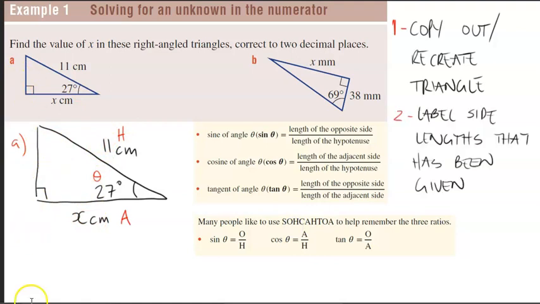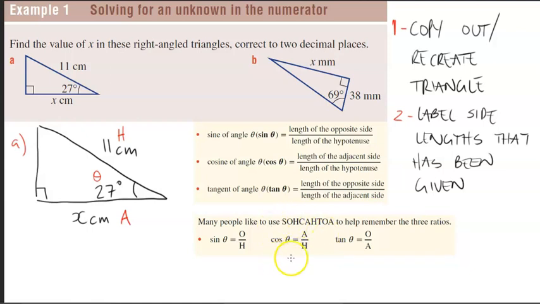The next step is, knowing that I'm using the adjacent and the hypotenuse, I need to figure out which trigonometric function uses the side lengths that have been given. And more importantly, in this case, which one uses A and which one uses H. Out of all three of them, this one here uses the A and the H. So we have to delve into cosine.